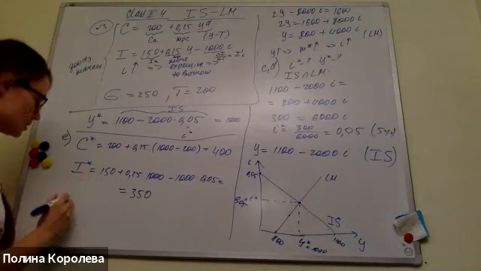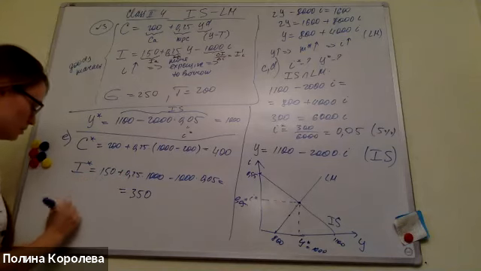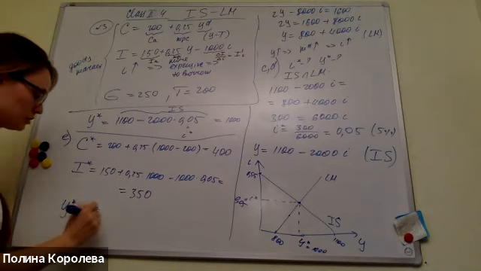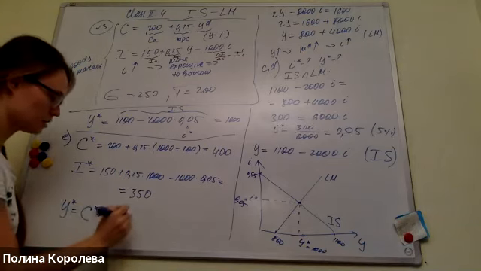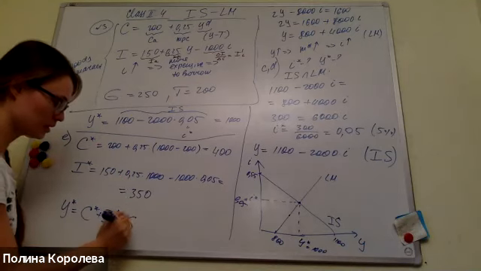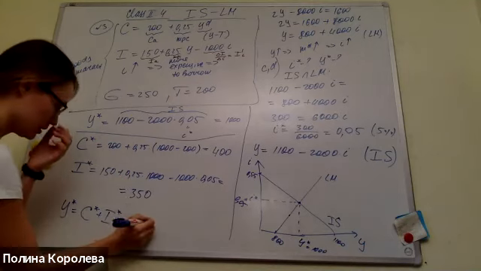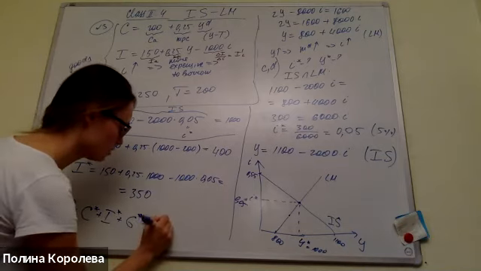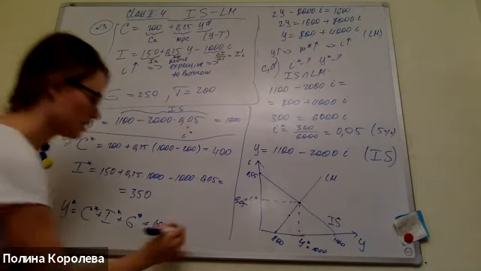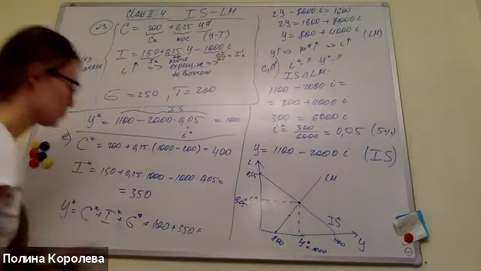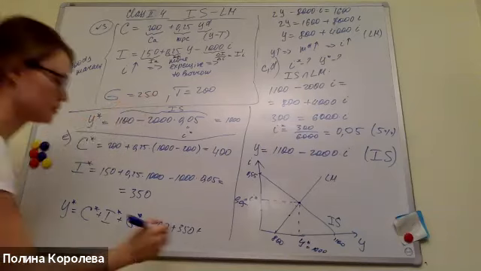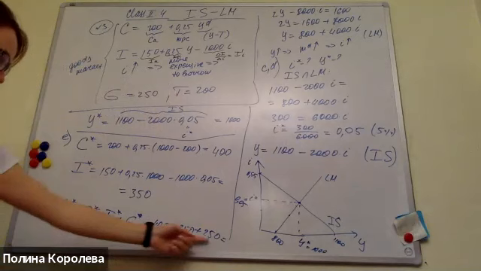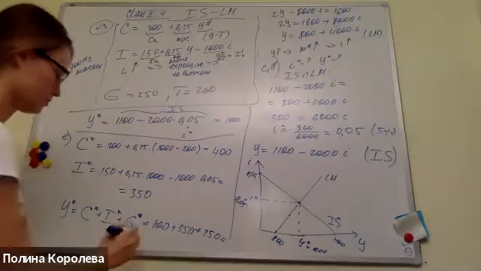Then let us check that we calculated everything right. We should check that our GDP consists of equilibrium consumption, equilibrium investments, and equilibrium government spending, but that is constant. Yes, always. So consumption 400, investments 350, government spending 250 from the task. And this is exactly 1,000.